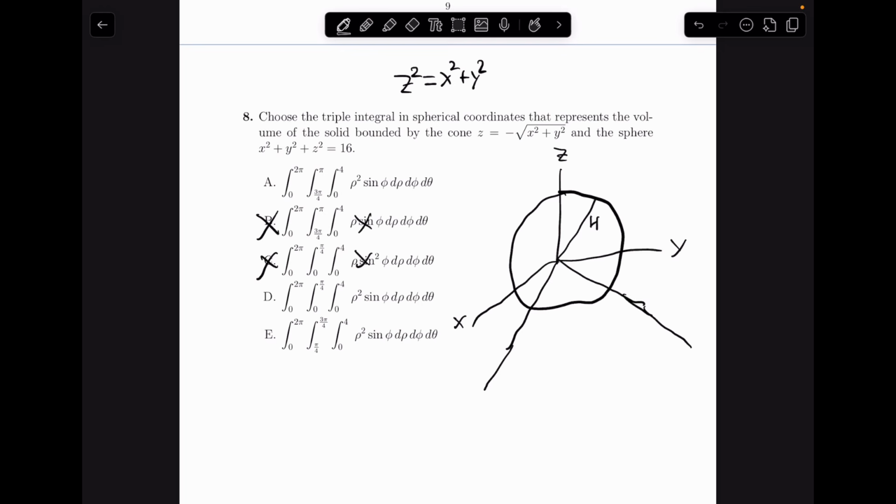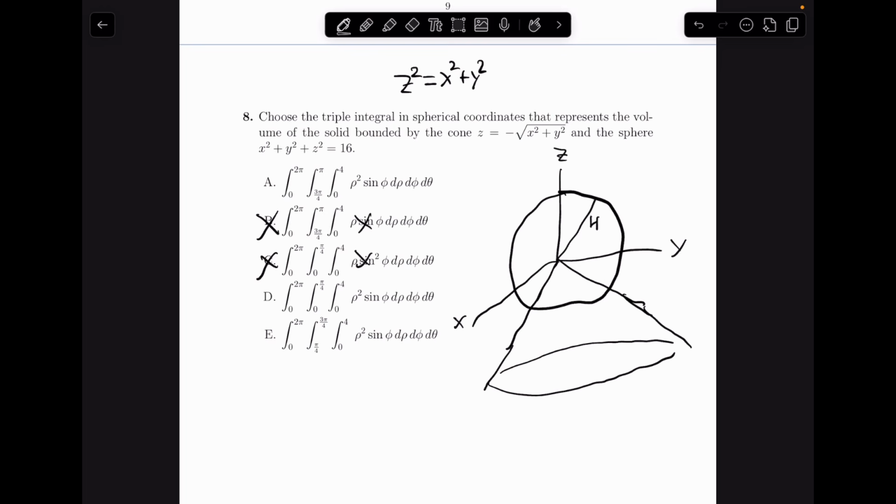My drawing is not the best, it's pretty hard to draw this, but this cone is going all the way around and facing downwards directly. So our rho bounds are all the same, theta bounds are all the same, so we really have to just focus on that phi value.